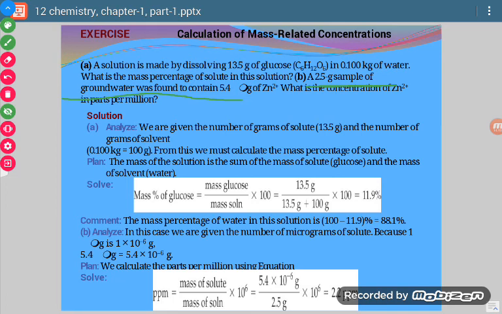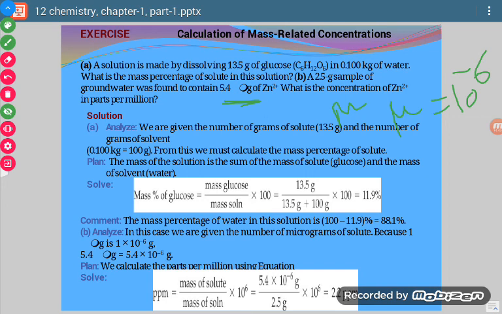Now second part is a 25 gram sample of groundwater was found to contain 5.4 into 10 raised to power minus 6, which is 5.4 microgram. Micro is the symbol for 10 raised to power minus 6.